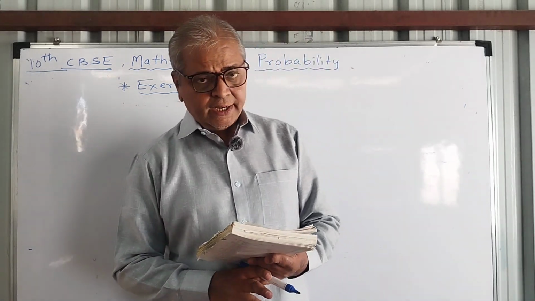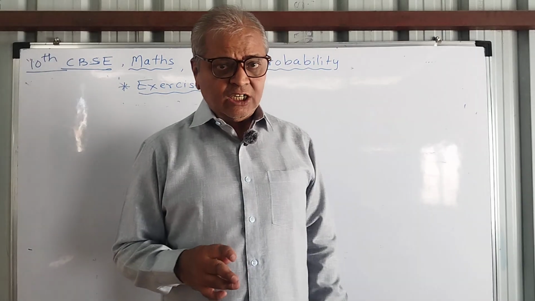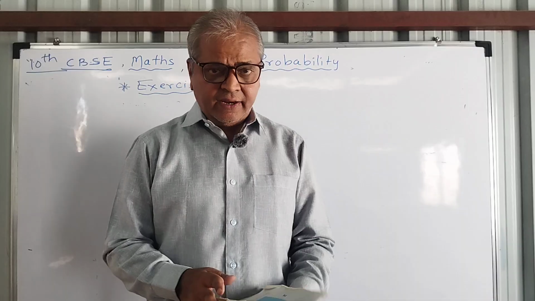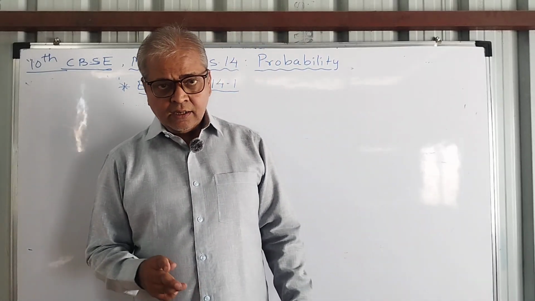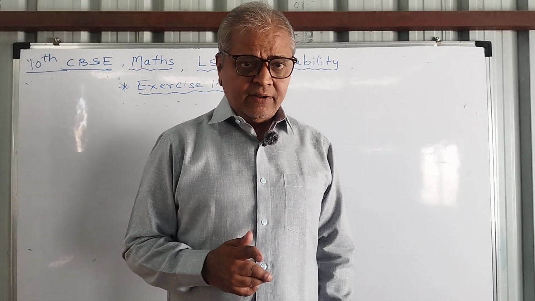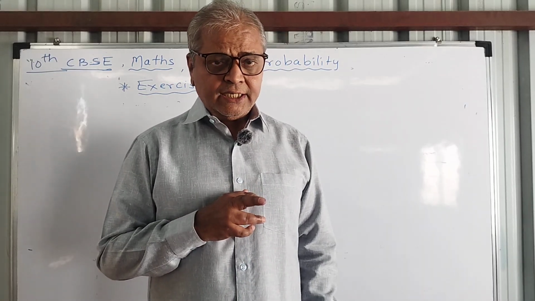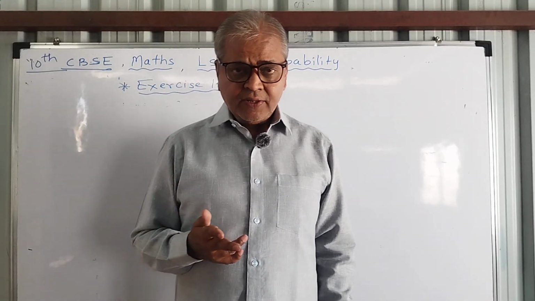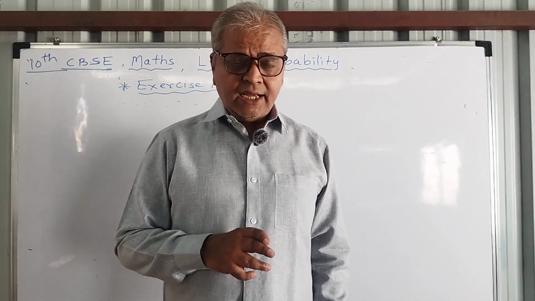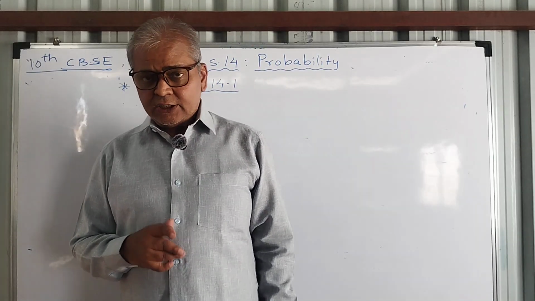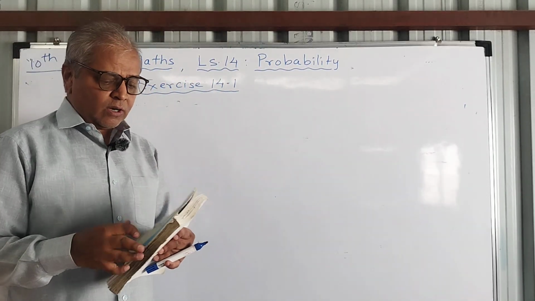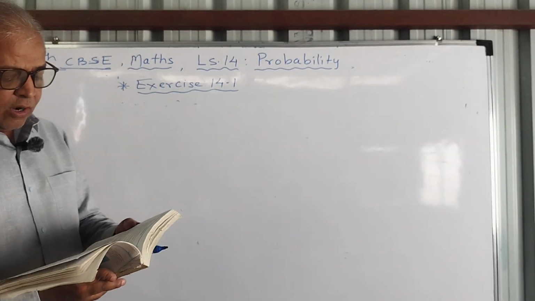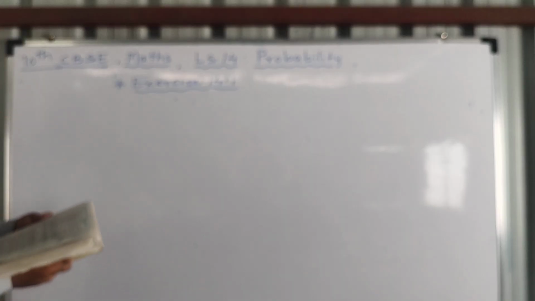Whether it is a football game or cricket, in any game there is a toss, and the toss is always considered to be a fair way, because when we toss a coin, we have two possible outcomes, head or tail, and these are equally likely outcomes, and that's why there is no favoritism. It is an equally likely outcome. That's why it is considered a fair way of deciding which team should get the ball.